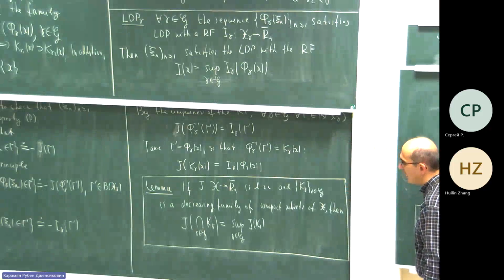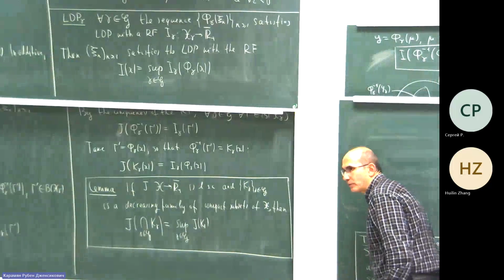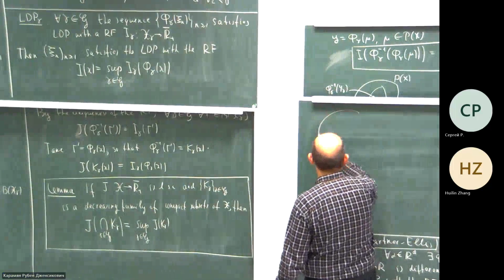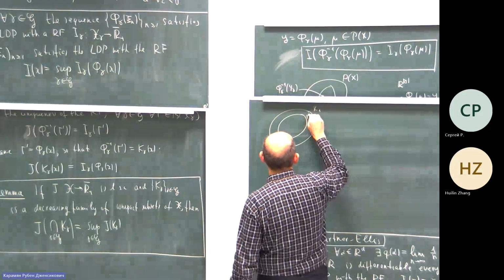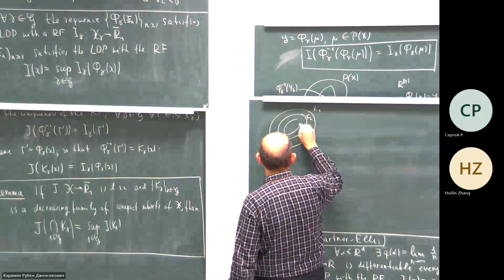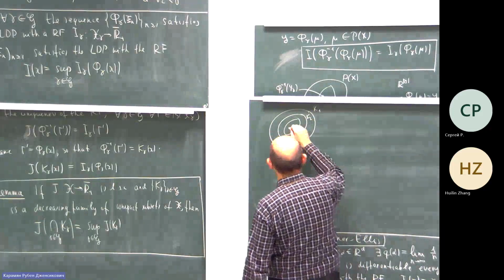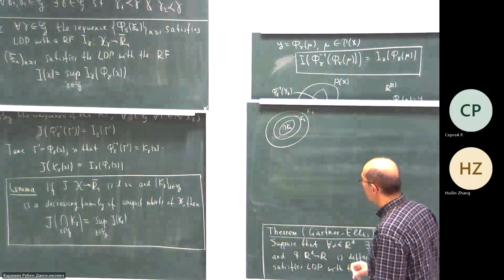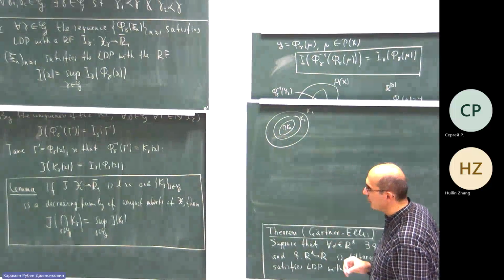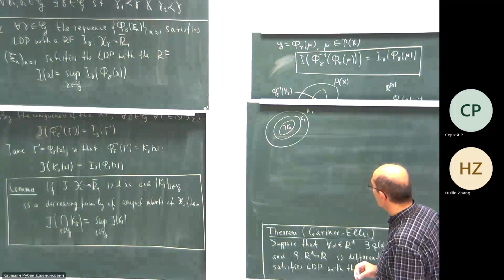Let's suppose that this K_gamma is a decreasing sequence of subsets, right? So you have K_1, K_2, and so on. This is the intersection of K_n.